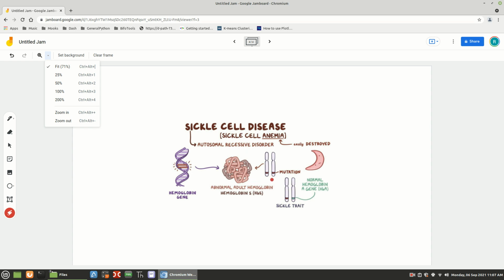All right, and if you inherit that trait from a parent, or you got the mutation yourself sometime in your lifetime, then you're going to produce this sickle-cell shaped red blood cell. And if you have those, then you get blood clots. Now, luckily, this is a mutation that occurs in many people.